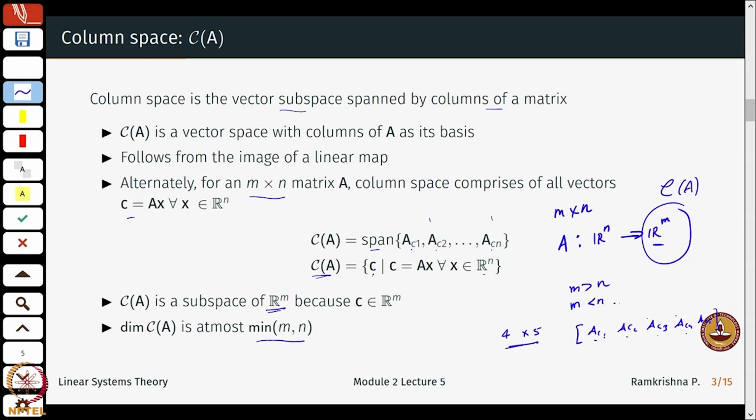So, at most I can have 4 independent column vectors. Similarly, even if I have a 5 cross 4 matrix, I will have A C1 till A C4, so at best I can still have 4 independent column vectors. I can have 3, 2, 1, and nothing also if it is just the 0 matrix.